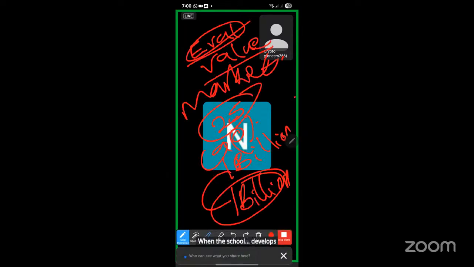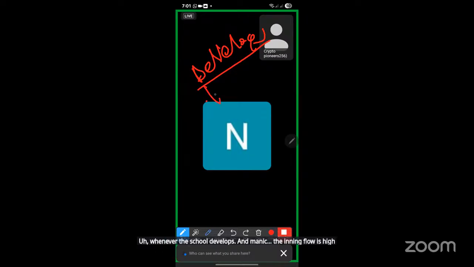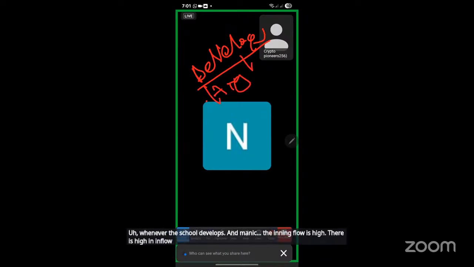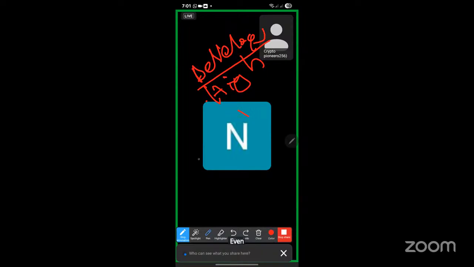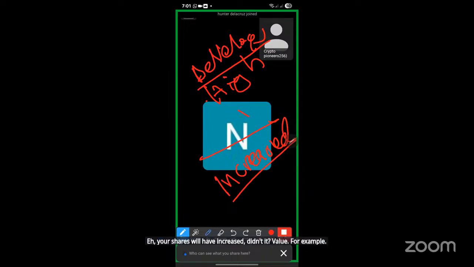So when the school develops, and there is a high inflow of money within the school, even you who bought shares, your shares will have increased in value. For example, let me give you an example.